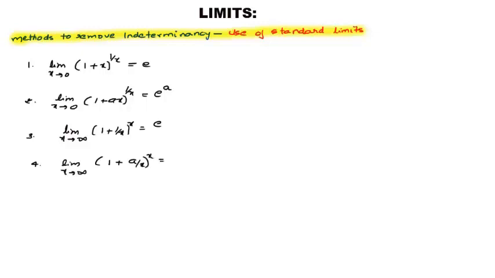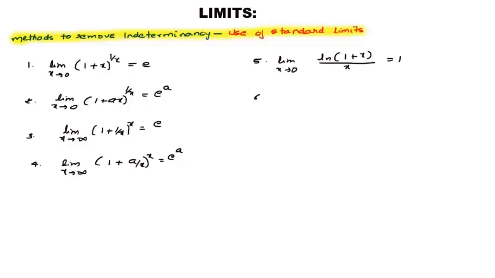This one will be similar to the second one, so its result will be e raised to power a. Next one, limit x tending to 0, ln of (1 plus x) divided by x. We get this equal to 1.